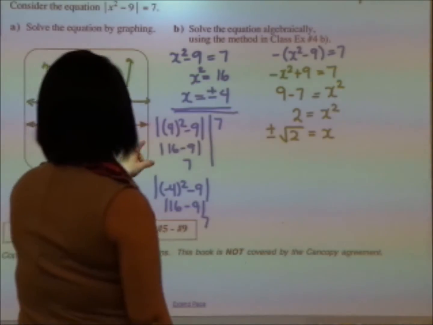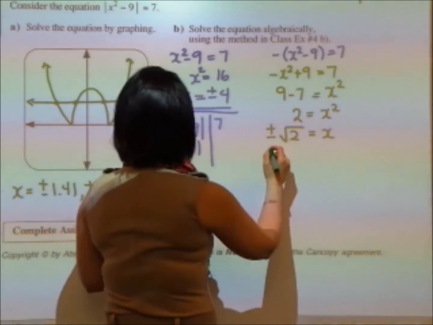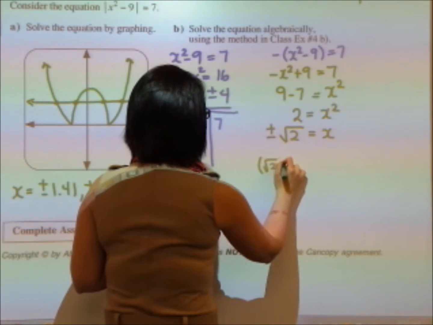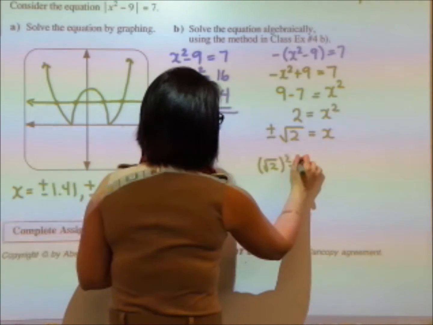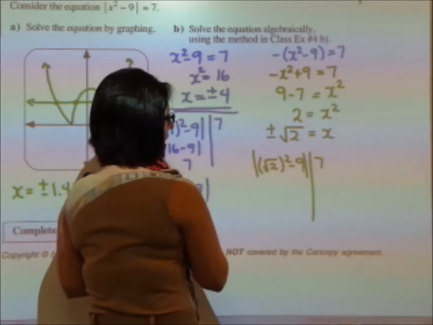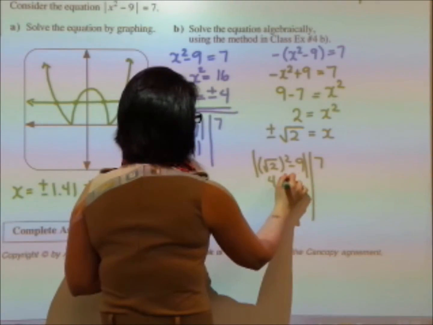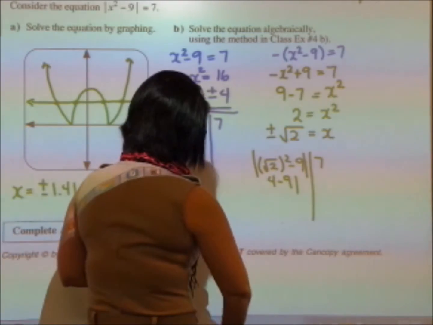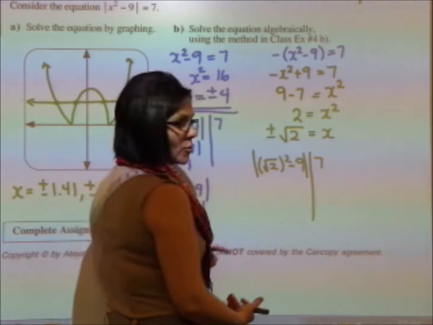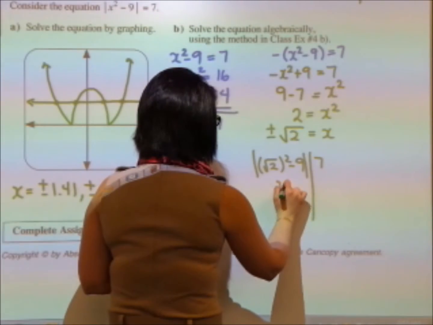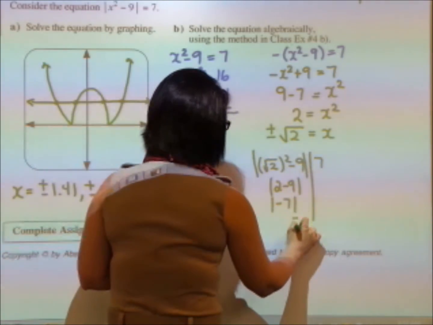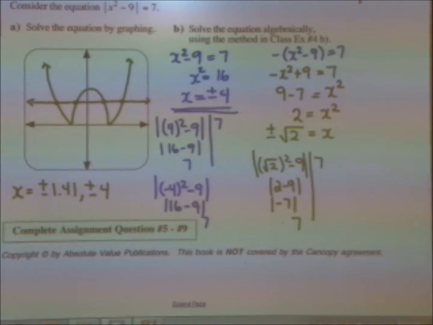So when I go to put this into the equation, I get the square root of 2 squared minus 9, and that's the absolute value of that. So I get 2 minus 9, because the square of the square root of 2 would be 2. So I get negative 7. And the absolute value of negative 7 is 7.